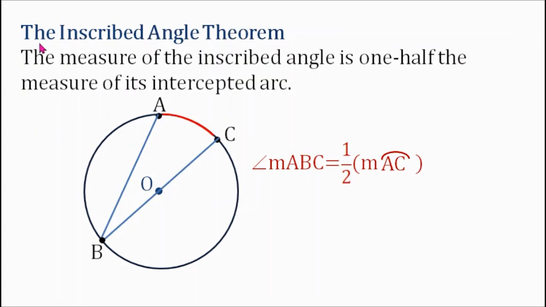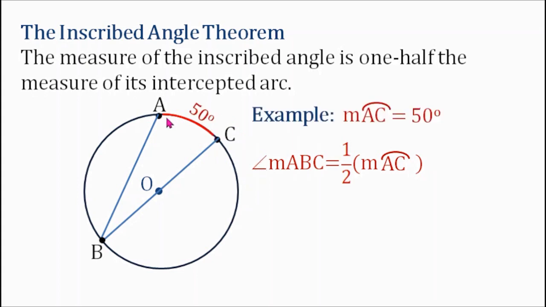Now let's discuss the inscribed angle theorem. It states that the measure of the inscribed angle is 1/2 the measure of its intercepted arc. So in our illustration, the measure of angle ABC equals 1/2 the measure of arc AC.